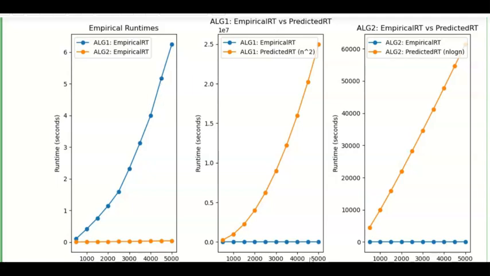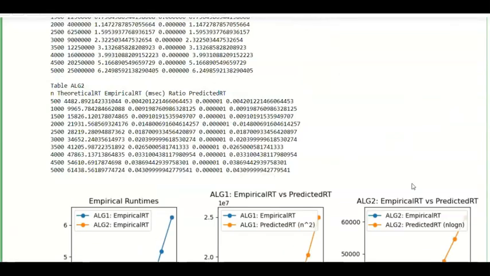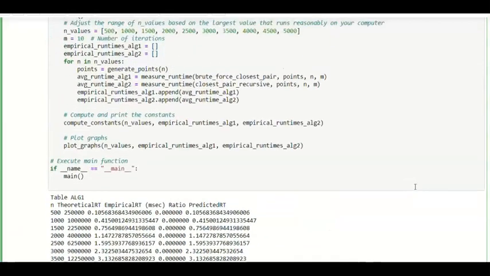That can be seen in the other two graphs also, where we compare both of them. In algorithm 1, the empirical RT ratio is constant and the predicted RT is increasing, and the same goes for algorithm 2, which takes n log n. So this is my experiment.